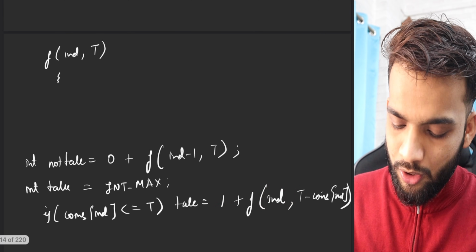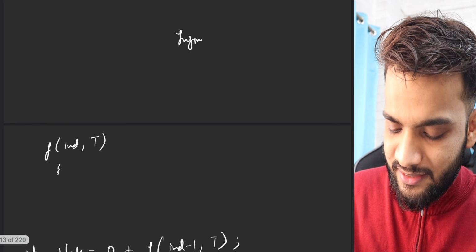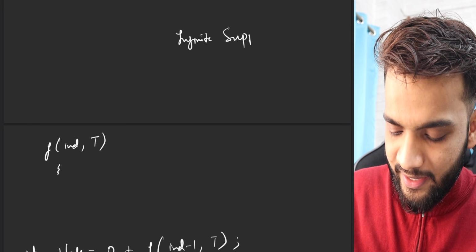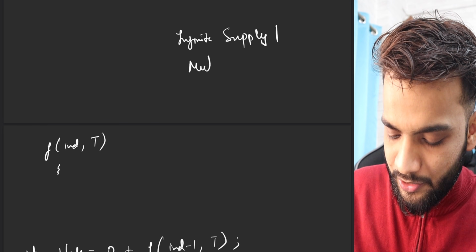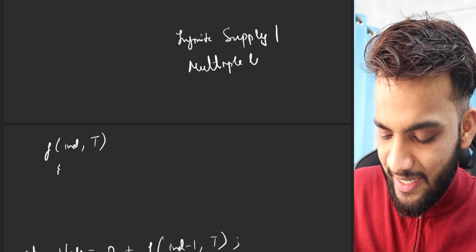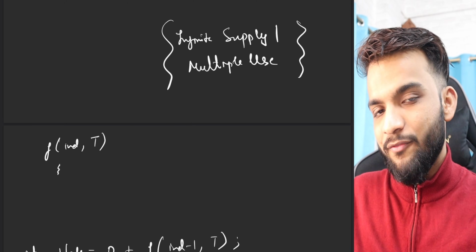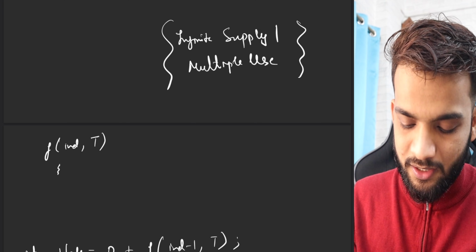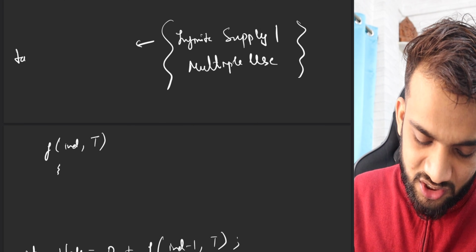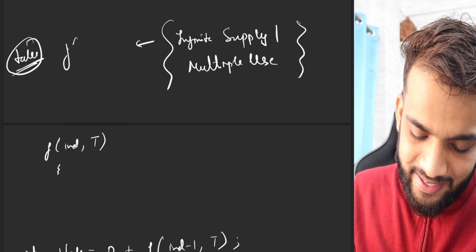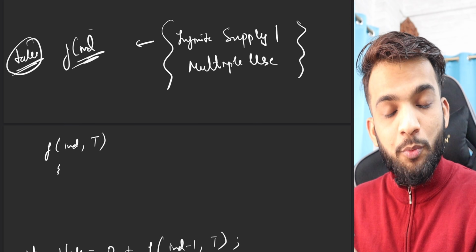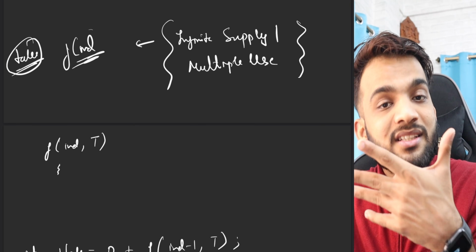Remember this as a thumb rule. Whenever there is an infinite supply of anything, multiple use, such statements, always when you consider take, it will stand at the same index. It won't move to the previous index.